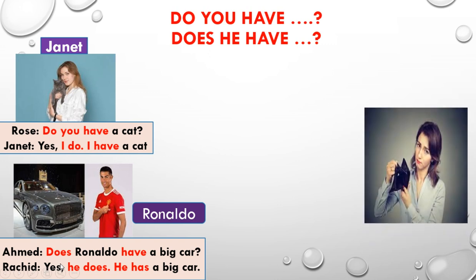Now let's move to the next picture. Look at this woman. Her name is Maria. Look at Maria's purse. Purse means a money wallet. Does she have any money? Is there any money here in her purse? No, of course not. So she seems very sad. She's unhappy.